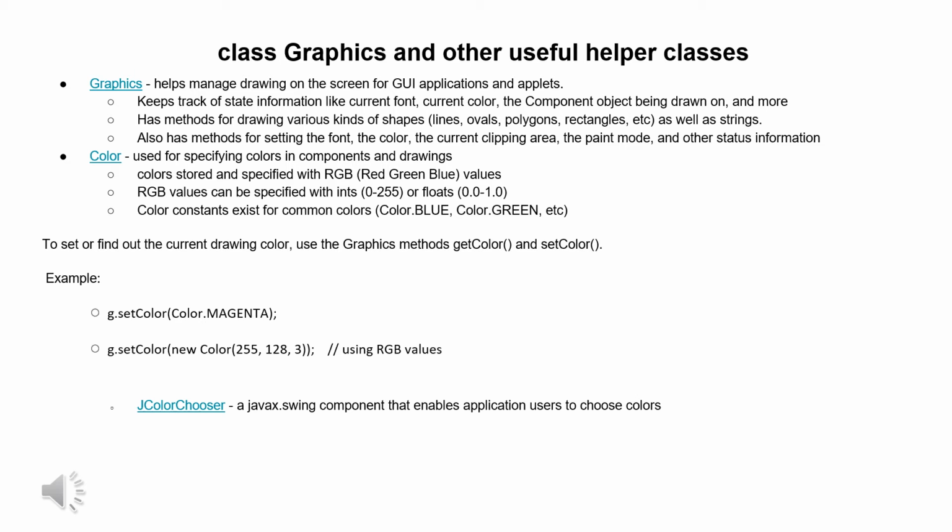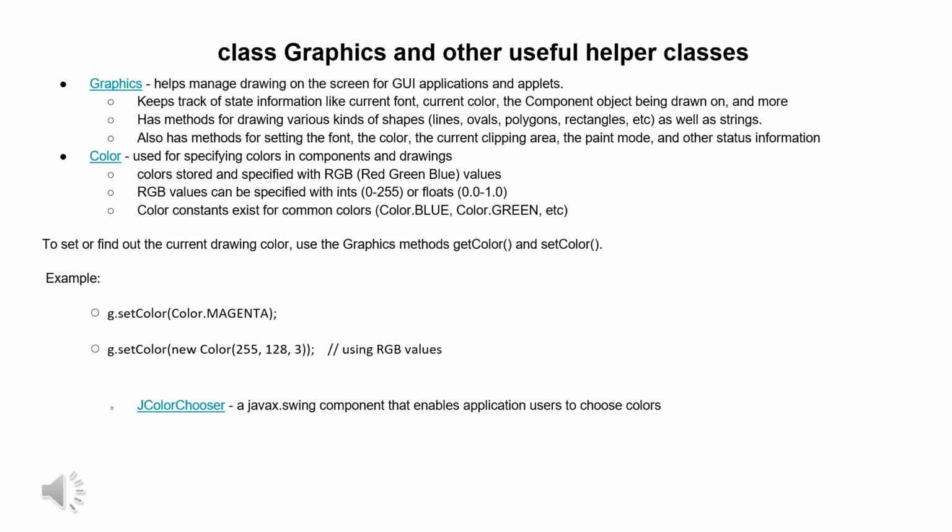In order to find out or set the current drawing color, you need to use the Graphics methods getColor and setColor, as you see in this example. g.setColor(Color.magenta) or g.setColor(new Color(...)) with these values.